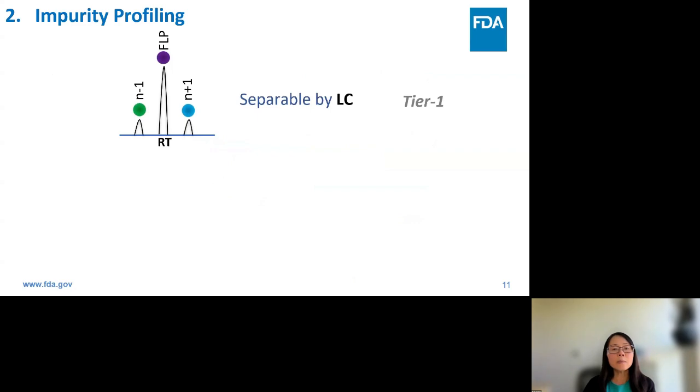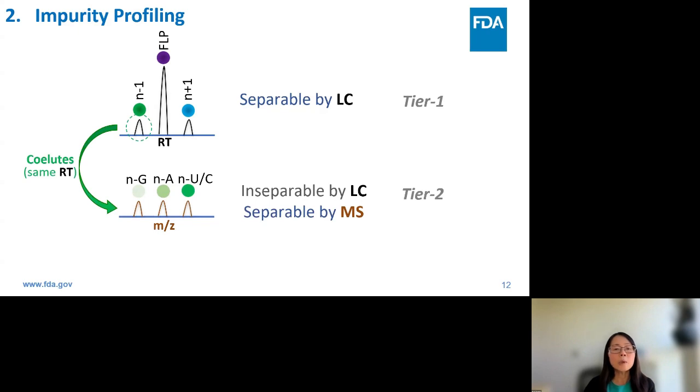So given that impurities of synthetic oligonucleotides are typically complex, containing product-related impurities that are often structurally similar to each other, it is not surprising that underneath each individual peak, separated by the LC dimension, may often contain multiple co-eluting impurities instead of a single impurity as shown here for N-1 impurities.